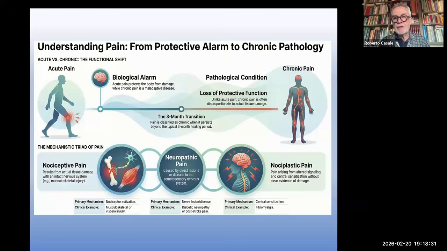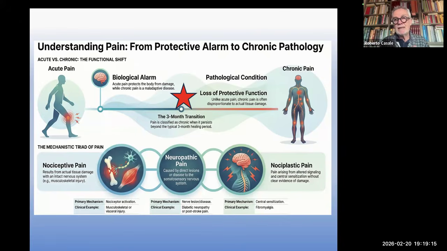So this is an infographic just to show you again that chronic pain is not a warning biological alarm. Chronic pain is useless because it doesn't tell us anything we need to treat our patient. And that 3 months is not really something strict, because 3 months plus 1 day is chronic, 2 months and 29 days is not chronic.